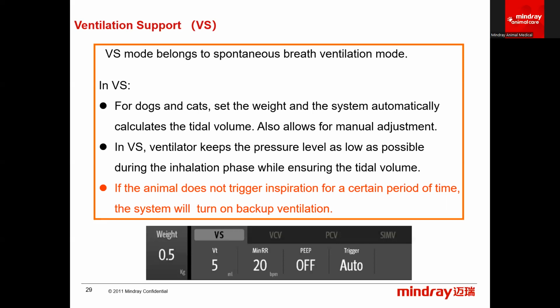So 10 is a nice, somewhat conservative number, and you can adjust it if you have to. So if I were to set this to 40 kilograms and it populates a 400 mil tidal volume, but my 40-kilogram patient's ideal body weight is 25 kilograms, I can still come in here and dial down that tidal volume that we're going to be trying to reach.